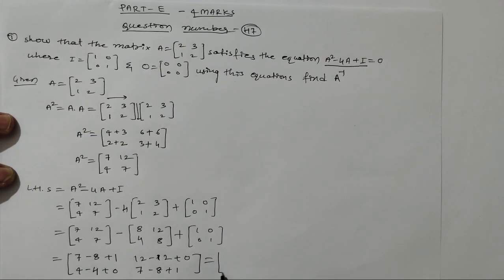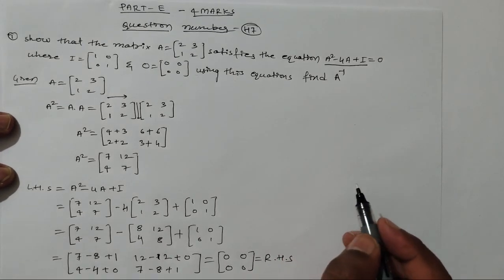That is 0, 0, 0, 0. So LHS equals RHS, it is a null matrix.